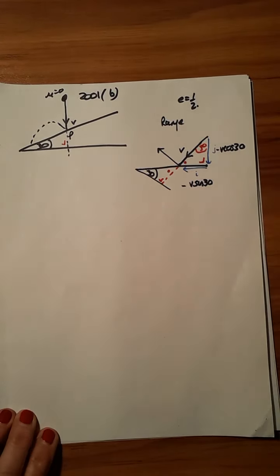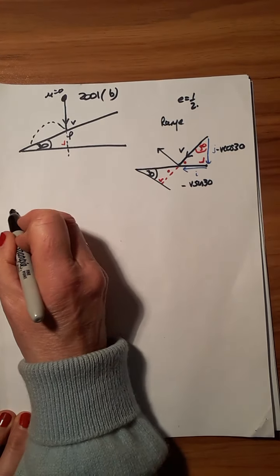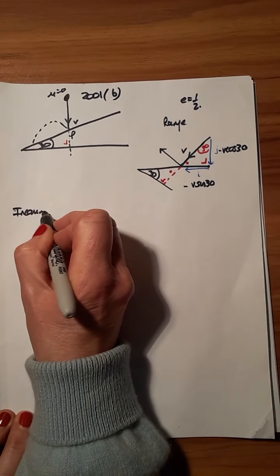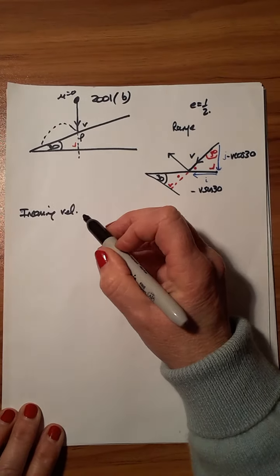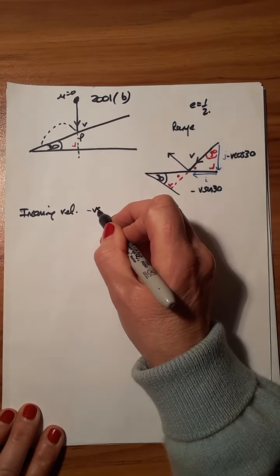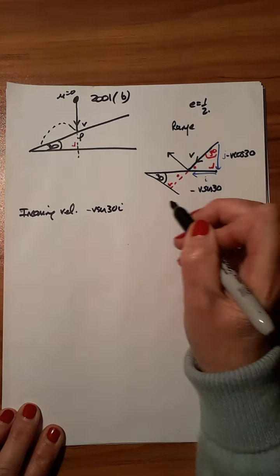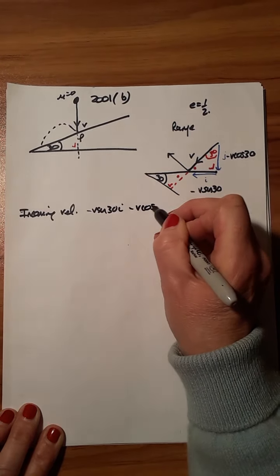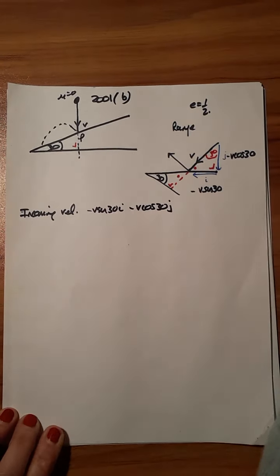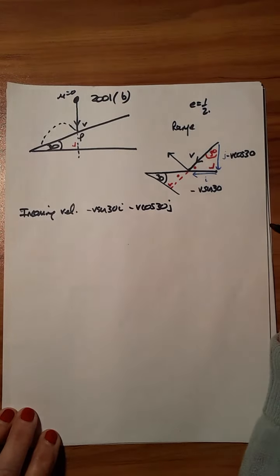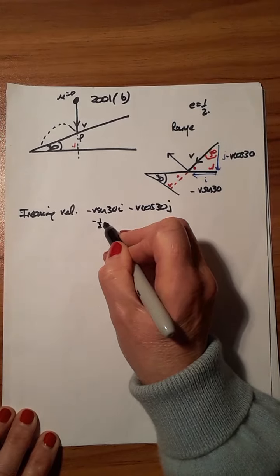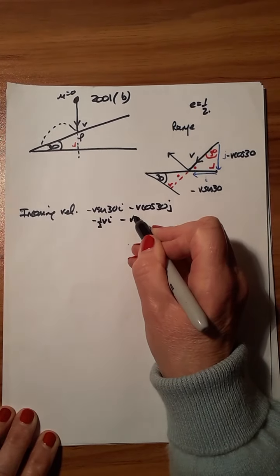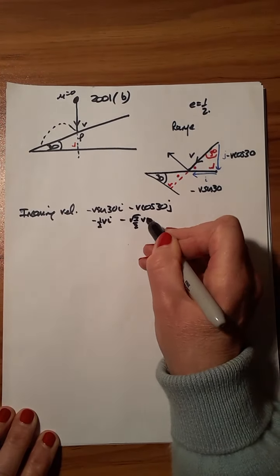So the incoming velocity, the first strike onto the plane, is minus v sine 30 in the i direction, minus v cos 30 in the j direction. And of course sine 30 is a half and cos 30 is root 3 over 2. So this will become minus a half v in the i direction, minus root 3 over 2 v in the j direction.